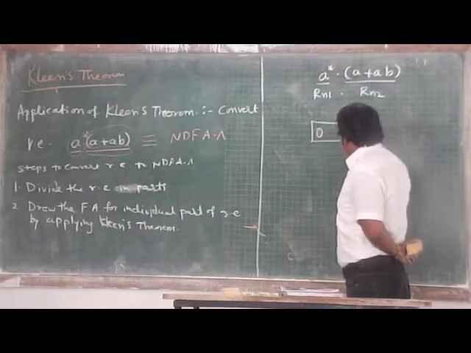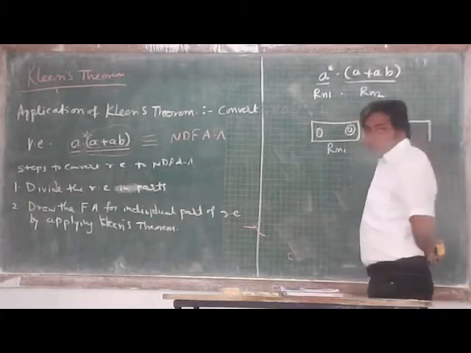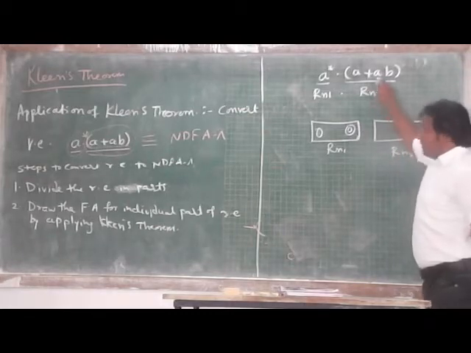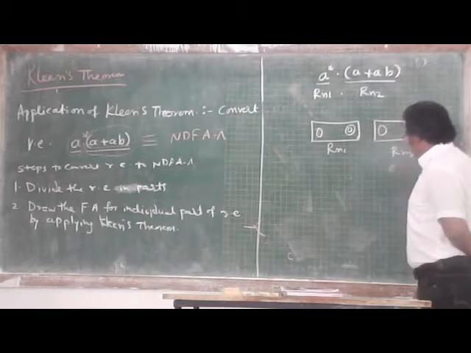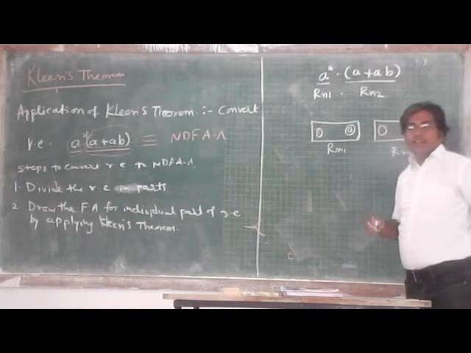Initial state, final state. This is from Rn1. I can have another part, the second part of finite automata, Rn2, initial state, final state. So at this moment these two are separate. Okay? I want to connect them by concatenation.